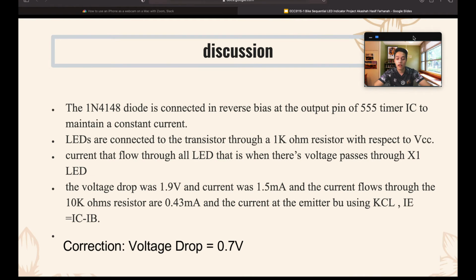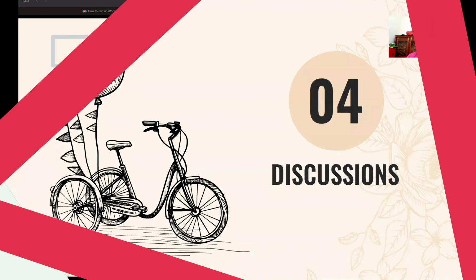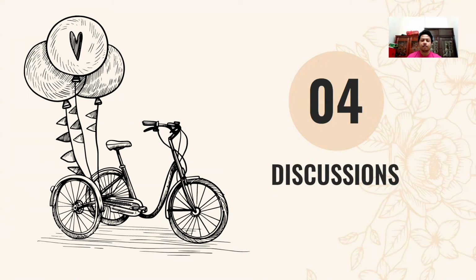The current at the emitter, by using the KCL method, is IE equals IC minus IB.